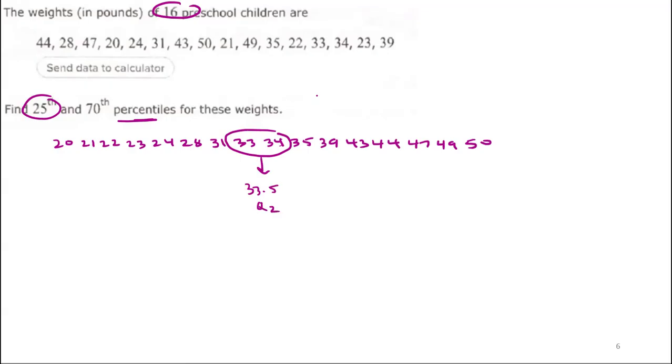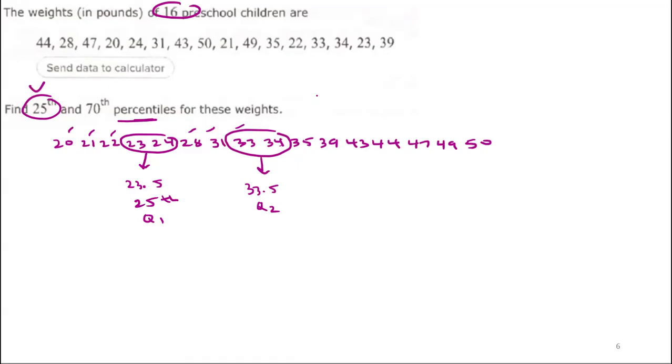Again, we didn't use 33, so that number is still up for grabs. Then we just start marking off for Q1. I have three here, and again, I have two numbers in the middle. So I'm going to take the average of those two, and that gives us 23.5. Okay. So this is going to be our 25th percentile, or this is Q1.